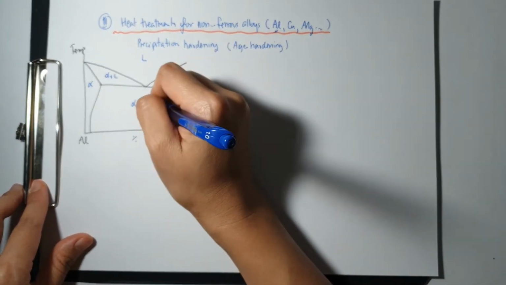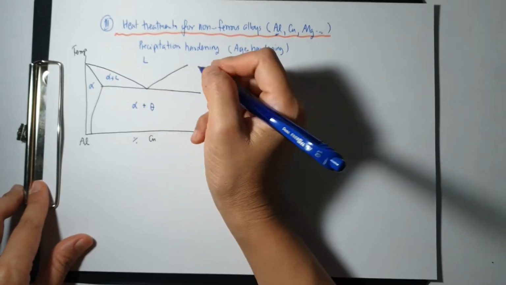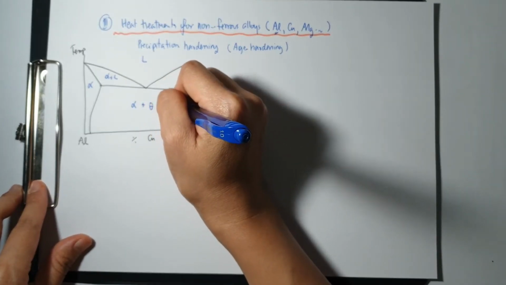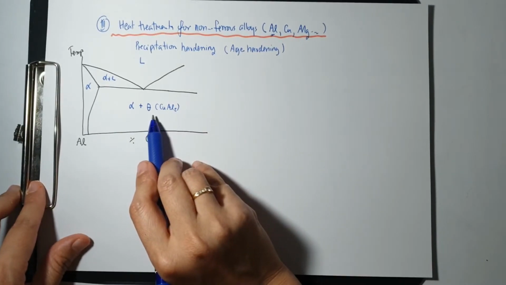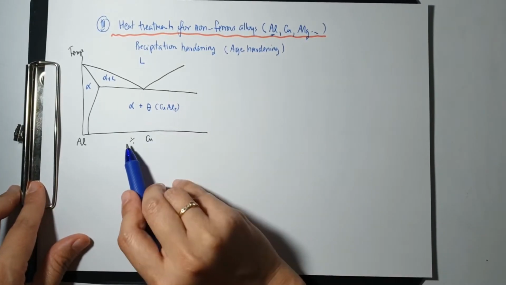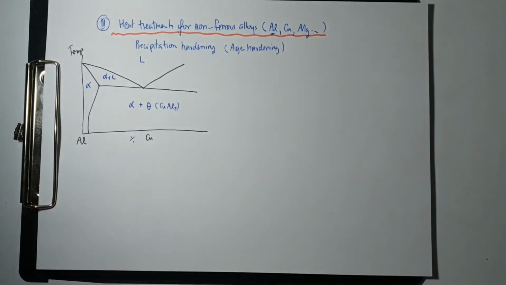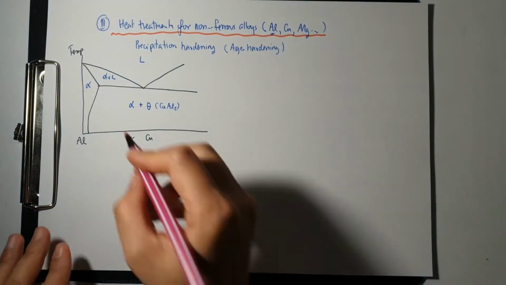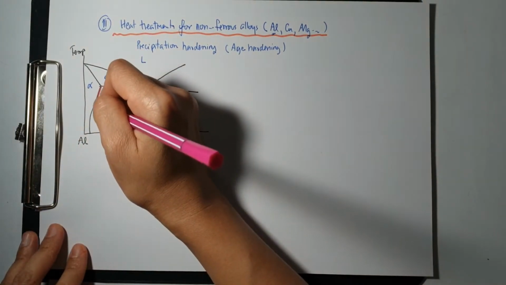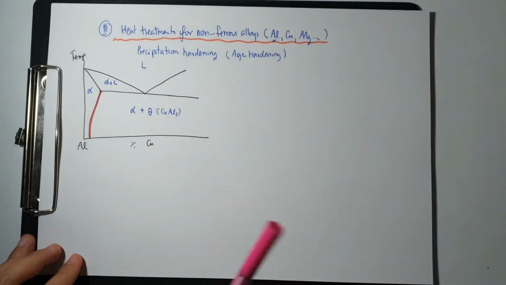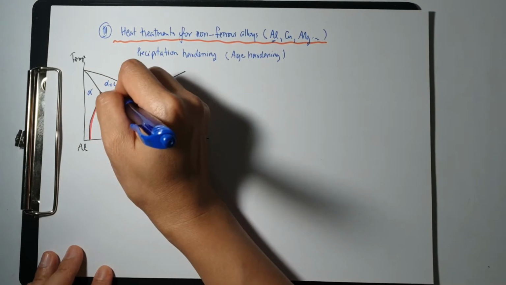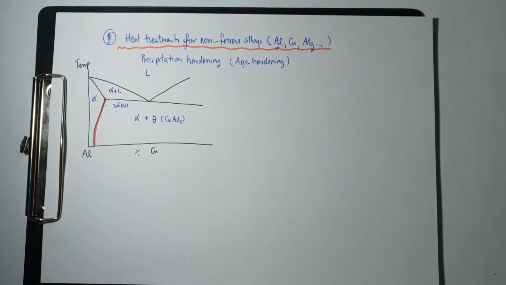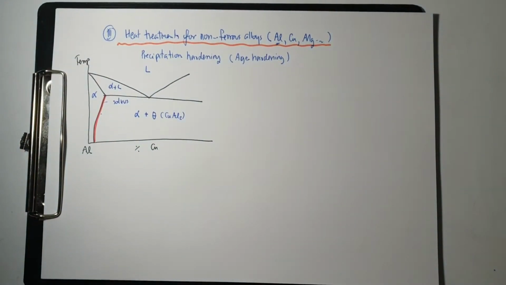Right here we have the theta phase, that is the copper aluminide, which is the intermetallic compound. The most important thing is this line, the solvus line, the solubility line.